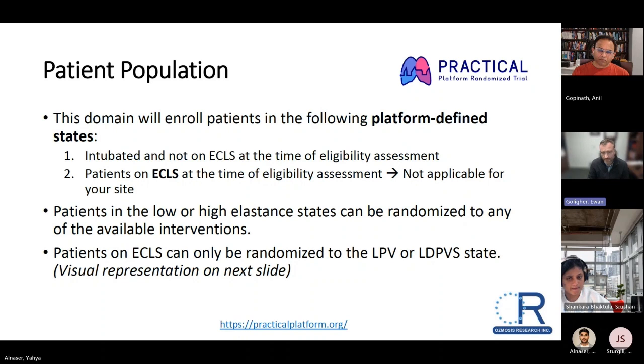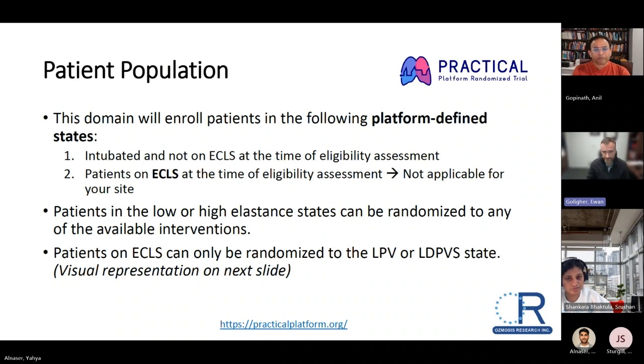One of the arms can include patients on ECMO, whereas the other two intervention arms can't. Because the DPL arm that you'll be randomizing to at your site does not include patients on ECMO, you don't have to worry about enrolling patients on ECMO at your center.